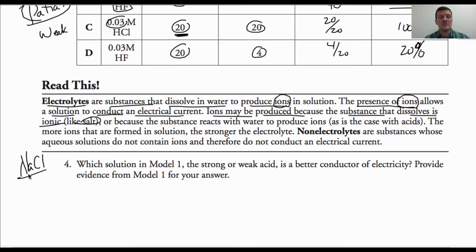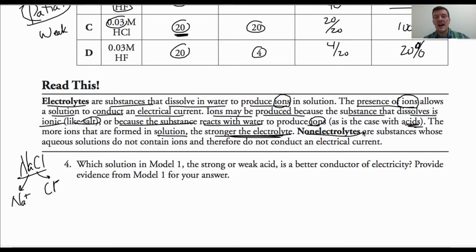It's going to break apart into Na plus and Cl negative. Or because the substance reacts with water to produce ions, as is the case with acids, which donate that proton. The more ions that are formed in solution, the stronger the electrolyte.